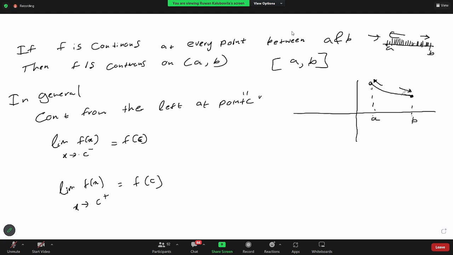Now tell me, how about the point A? Do we need to include it in this range or not? And how about the point B?